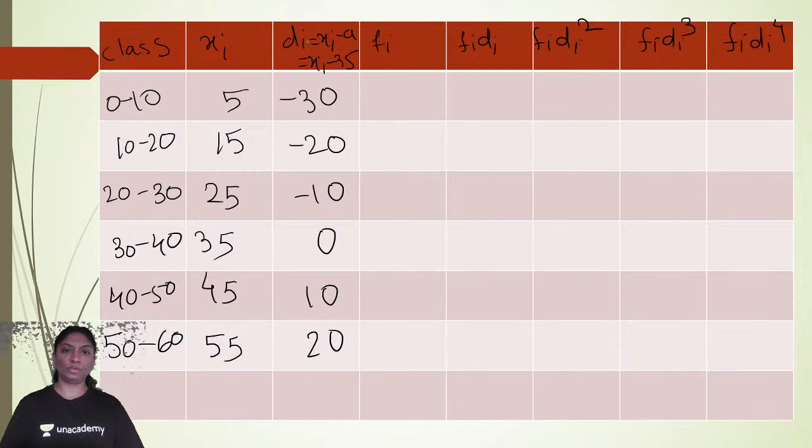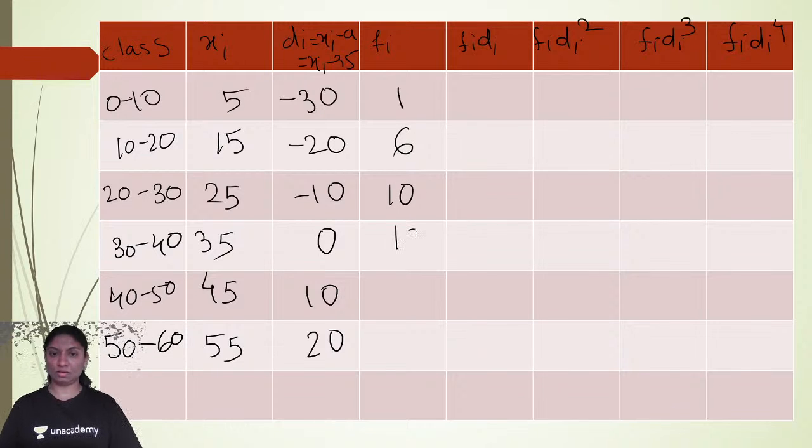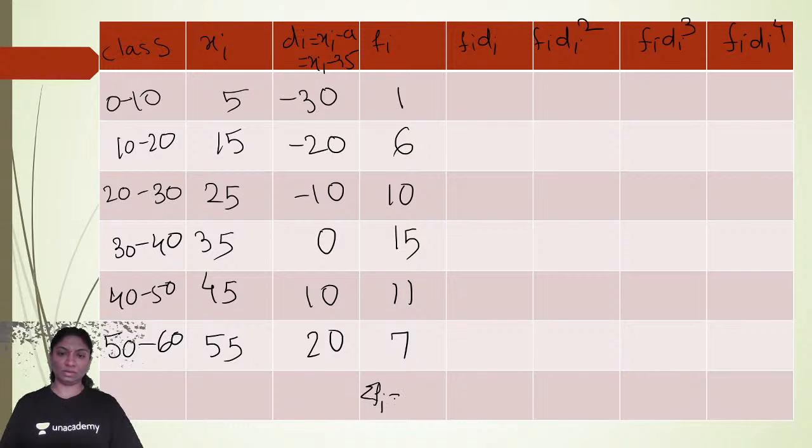Okay, now frequency is given 1, 6, 10, 15, 11, then 7. Now sum of the frequencies we require n. Summation of fi is equal to 50.